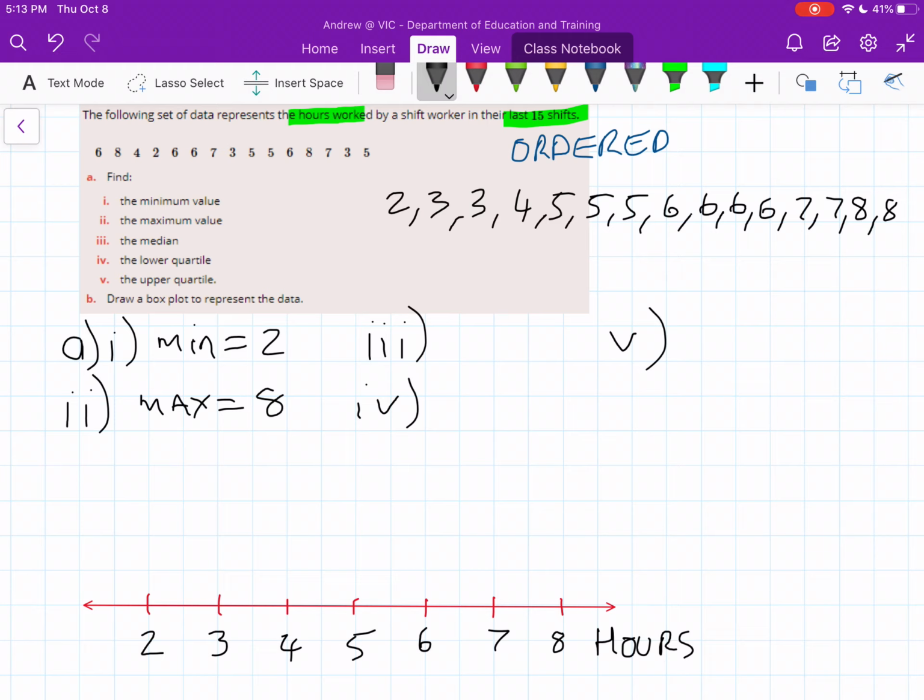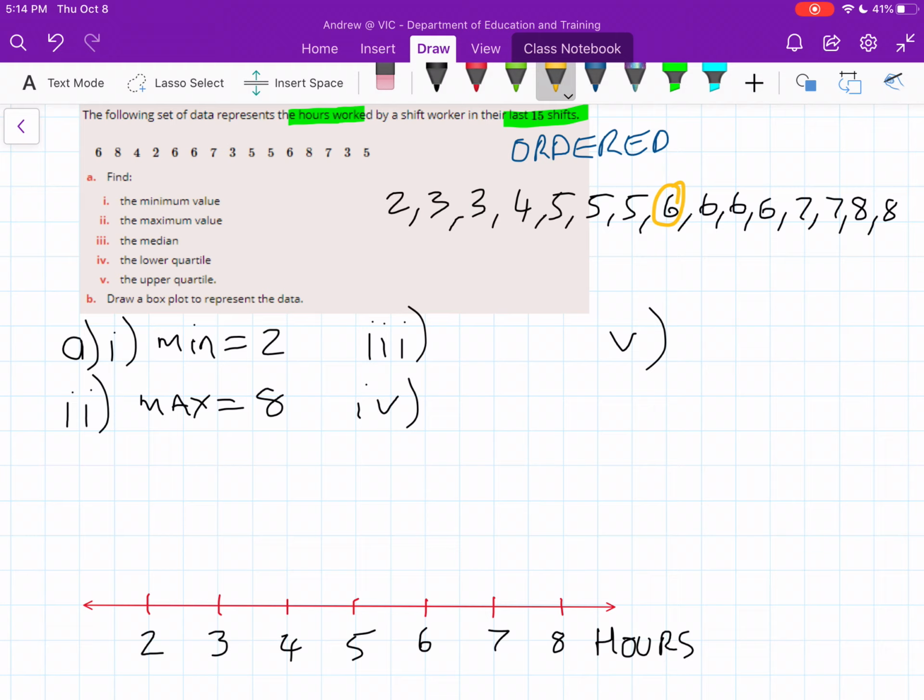Alright, now it gets a little bit harder, but we've already looked at this hopefully: finding the median. The median's the middle number here. We have 15, so it should be our 8th number. With this, I'll do it in yellow: 1, 2, 3, 4, 5, 6, 7. So that's our 8th number, and you can always double check by counting on each side of it.